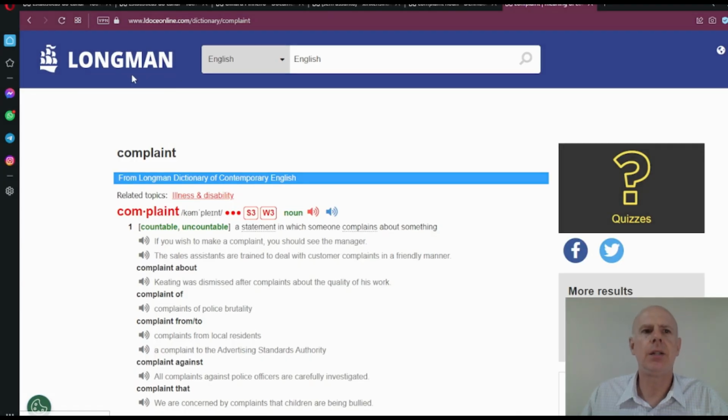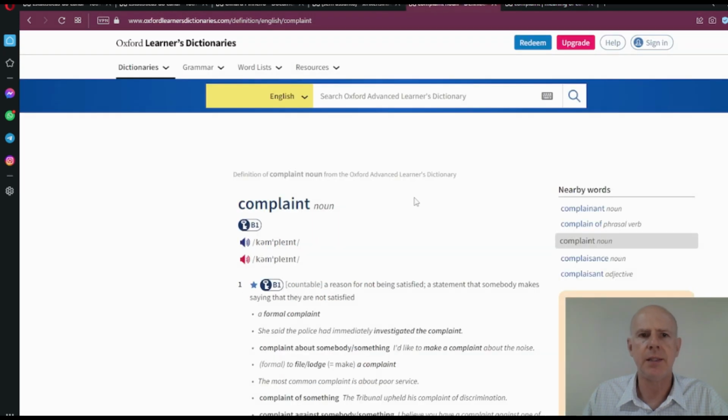Well, I have here the Longman Dictionary, and it says it's a statement in which someone complains about something. Oh, so you complain. But if you don't know what a complaint is, look: a reason for not being satisfied. This is what the Oxford Learner's Dictionary says.